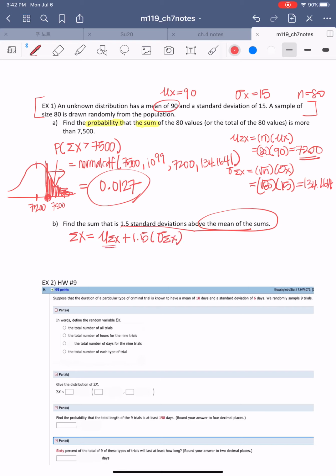We have these two numbers ready: 7,200 plus 1.5 times 134.1641. So final answer, I'm getting 7,401.2.